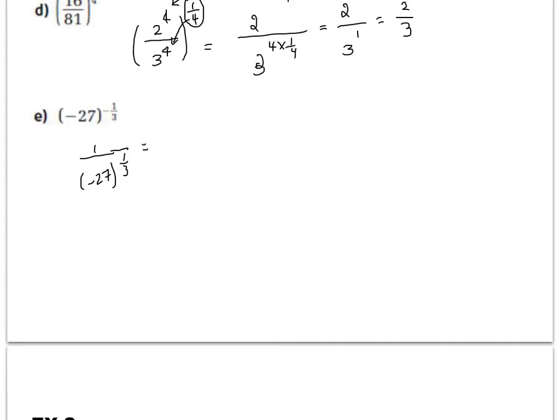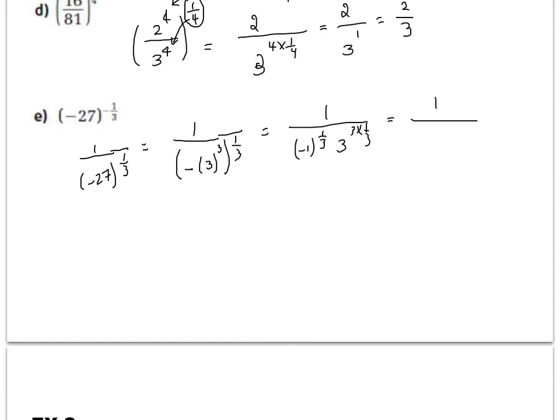So this is 1 over, but negative 27 I can write it as negative 3 exponent 3, all exponent 1 over 3. Now I can distribute exponent 1 over 3 to both elements, so it's going to be negative 1 exponent 1 over 3 times 3 exponent 3 times 1 over 3.